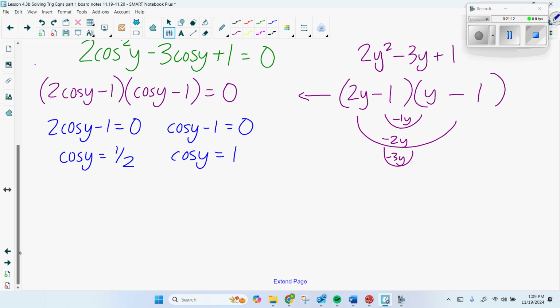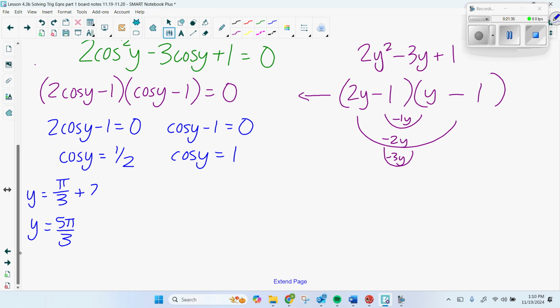That is pi over 3. Okay, pi over 3. Cosine is half. And then the one that's down here, because they need to be on the left side, right? So y equals pi over 3, y equals 5 pi over 3.